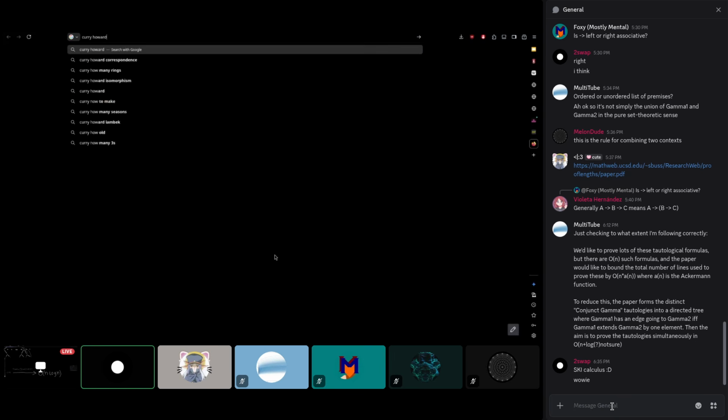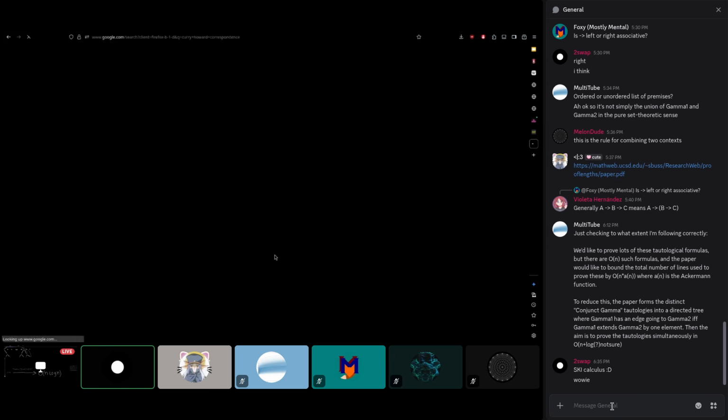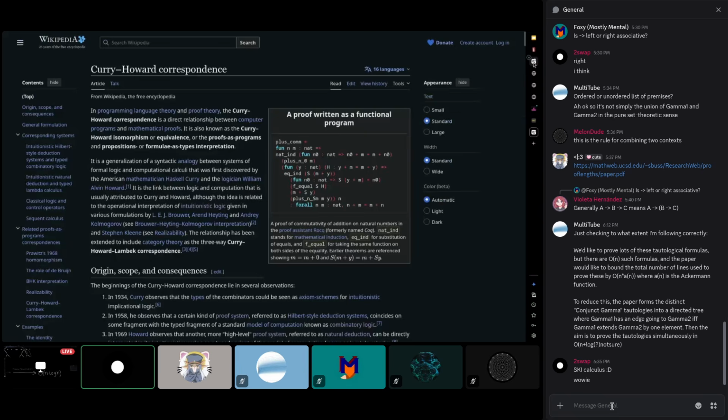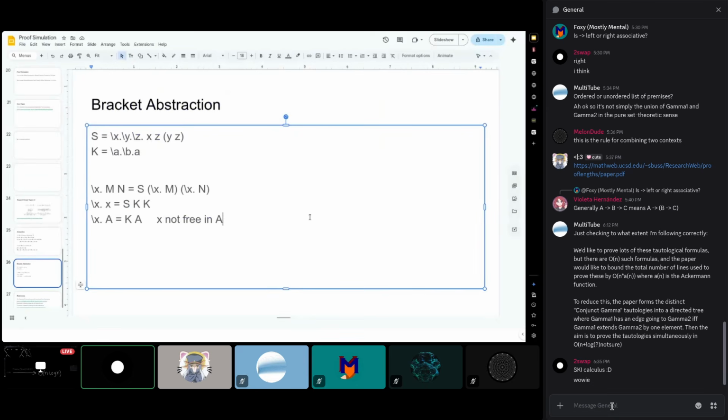Yeah. But finding this algorithm that packs things into SK calculus, a small term. There are other algorithms for bracket abstraction that get you the big O of n log n bound, but the O of n one is new. I do think this is new. Yes. Okay. Cool.